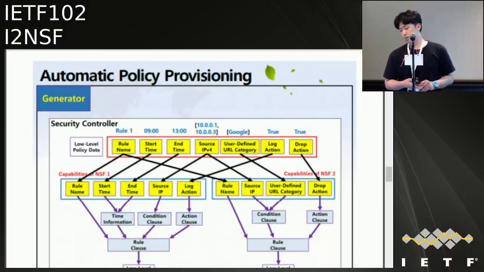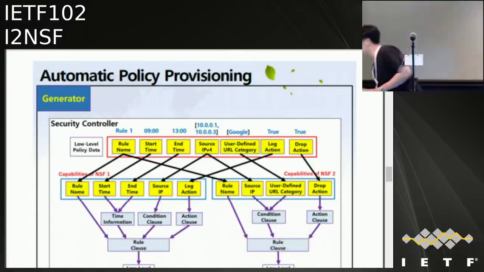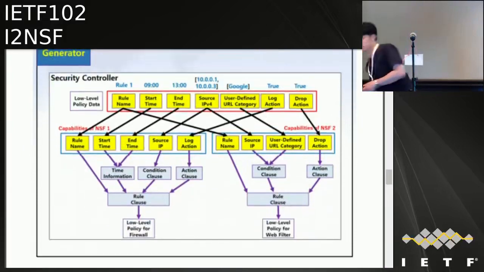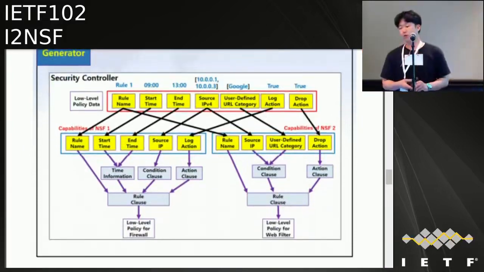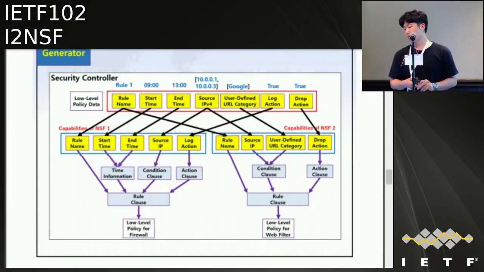The left blue box is an example of making the low-level policy for a firewall, and the right blue box is an example of making the low-level policy for a web filter.